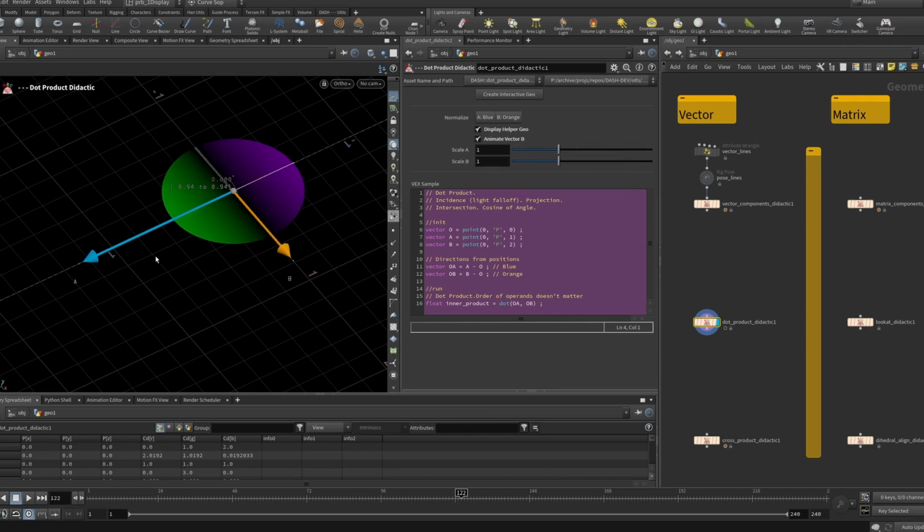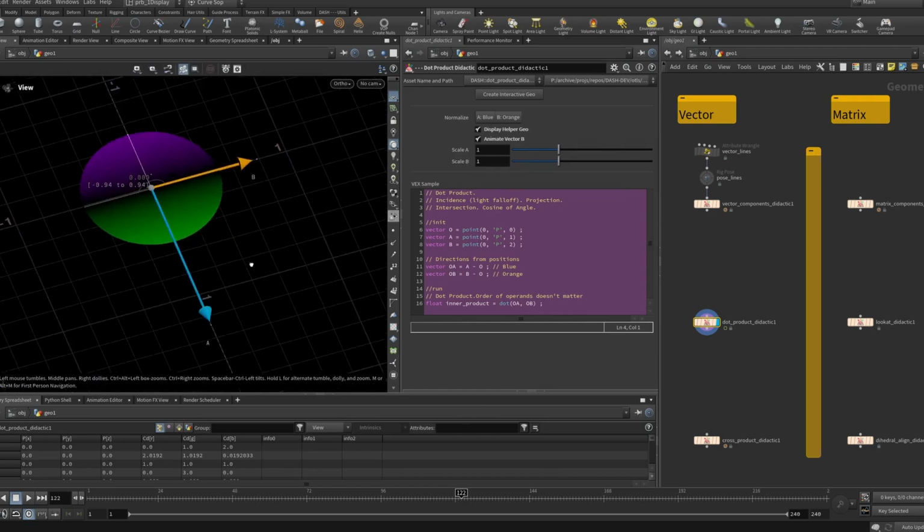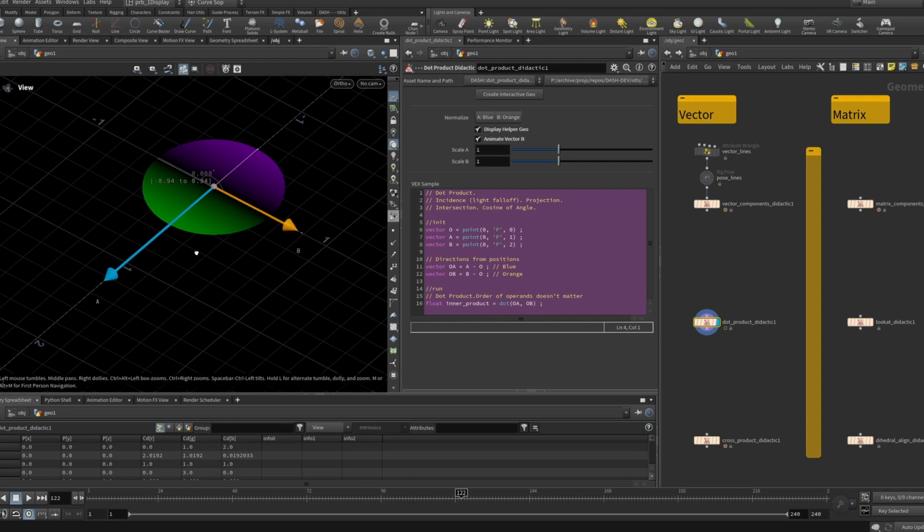Now, when we normalize one of the vectors, we can get an interesting thing like the projection of one onto the other.